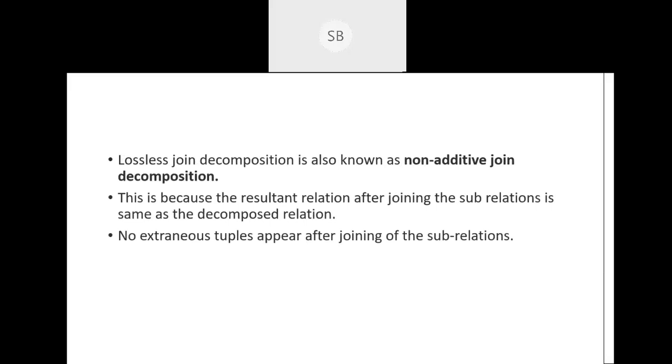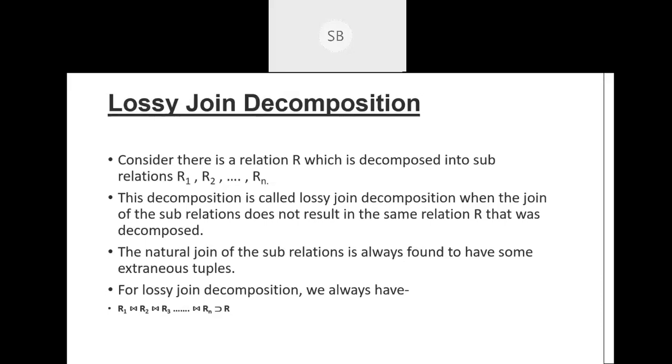Now moving next to the lossy. In the lossy join dependency, as the word suggests, some information will be lost when you join the two decomposed tables. Okay, so it is also possible. Before I give you an example of this lossy join decomposition, let me explain these points. Consider a relation R which is decomposed into sub-relations R1, R2 to Rn.